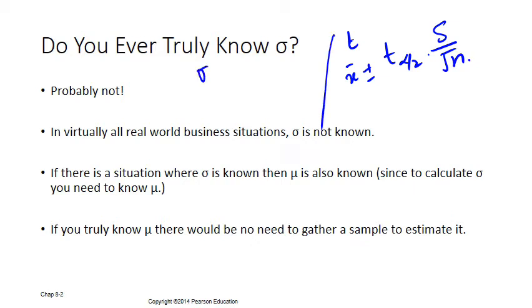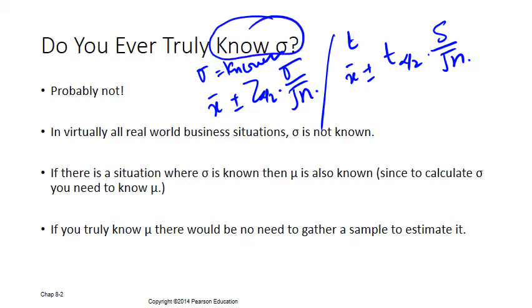When sigma is known, then x bar plus minus z alpha by 2 times sigma over square root of n. But when sigma is unknown, in that case we apply the t-test.